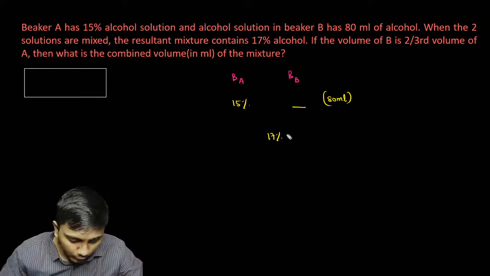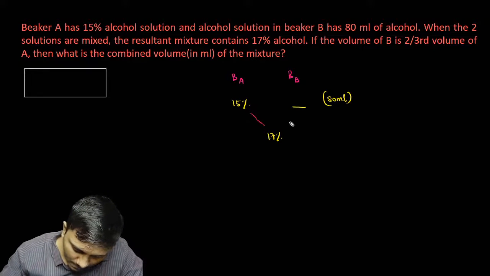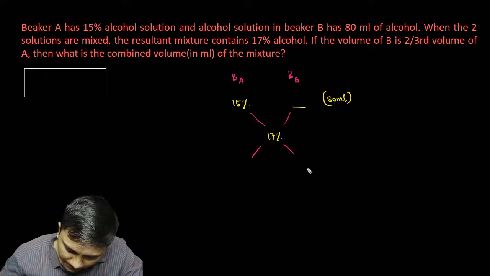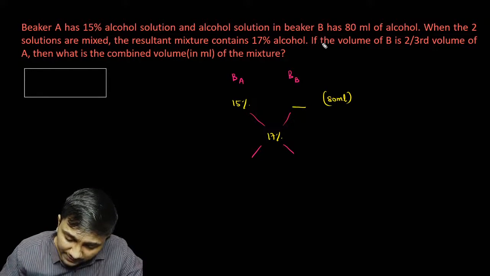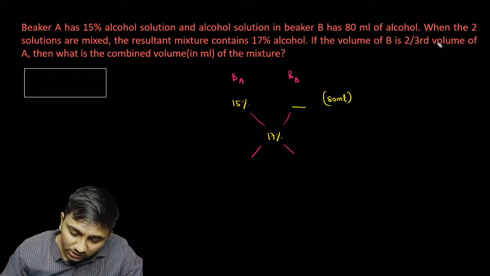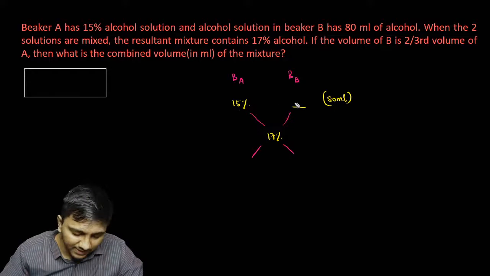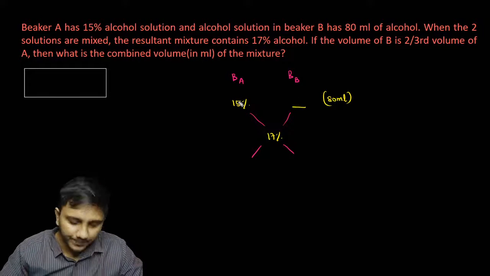Okay, if I go through alligations here, then I can say this has to be two parts, this has to be some parts. I don't know the value of this yet. Let's go forward and see. If the volume of B is 2/3 the volume of A, it means we are mixing them in the ratio 2:3, right?